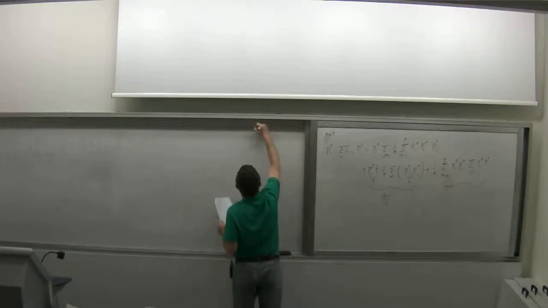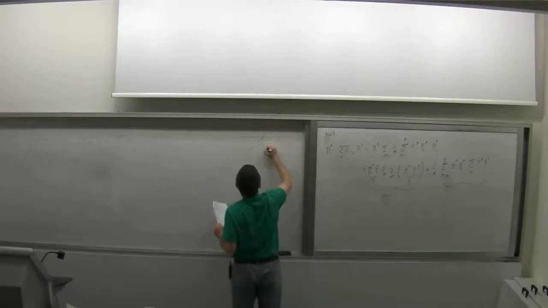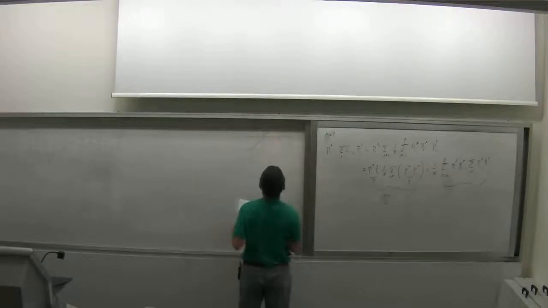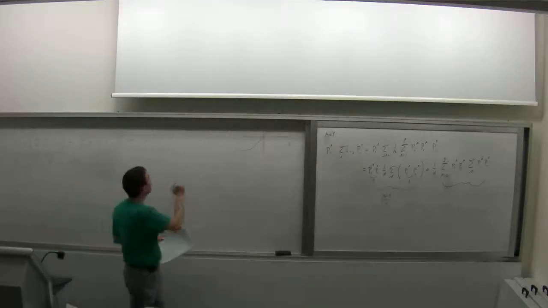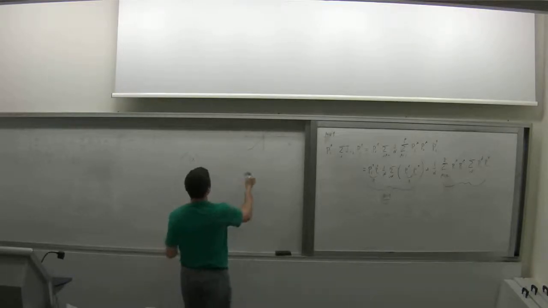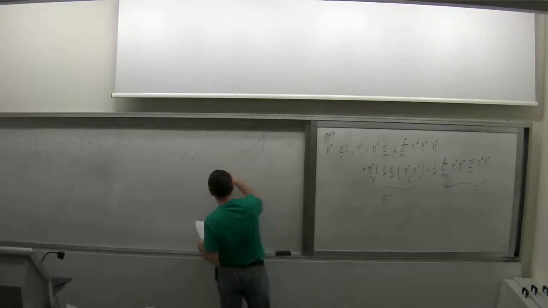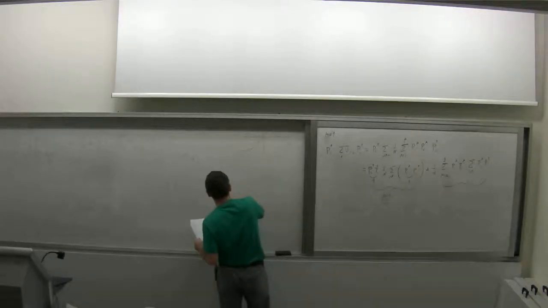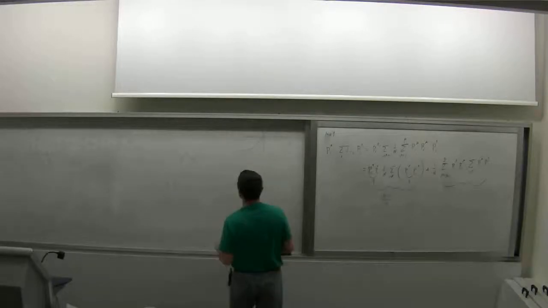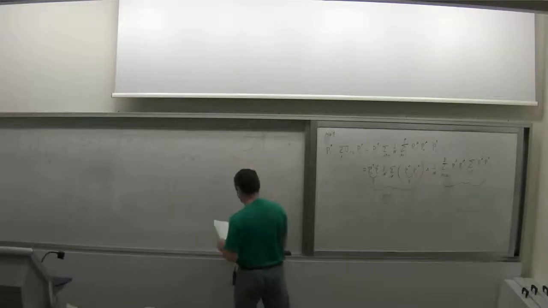This is g(x), this is x, this is 1, minus 1, and 0. g^-1(x) is simply a function that looks something like this. This is g, this is x. This is g^-1 of x.